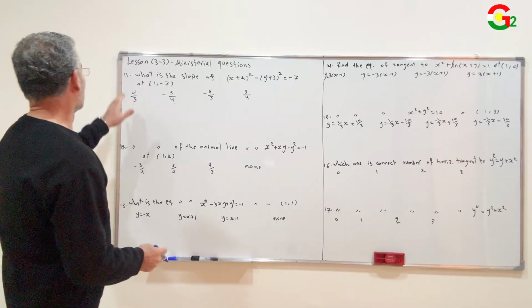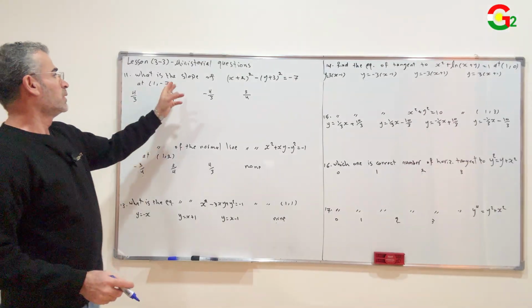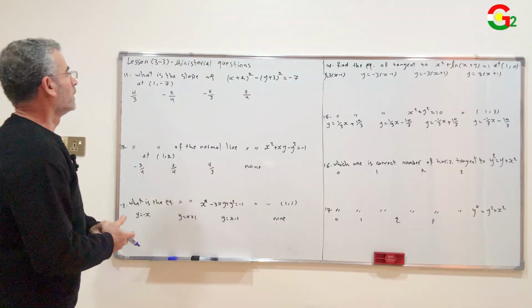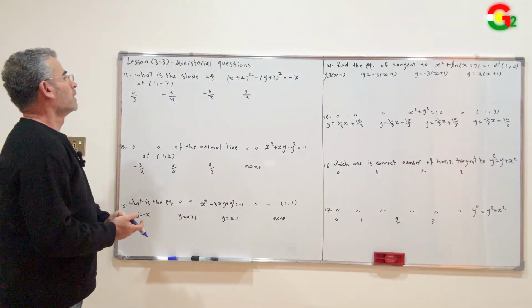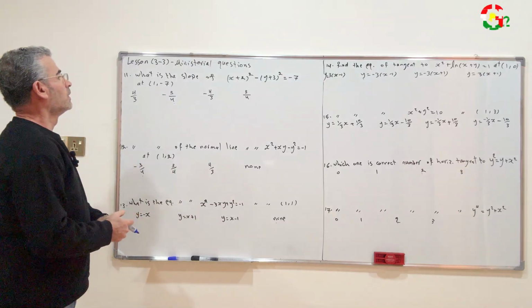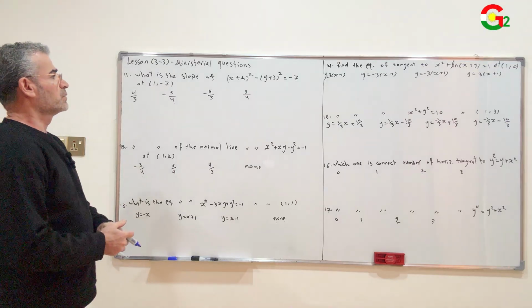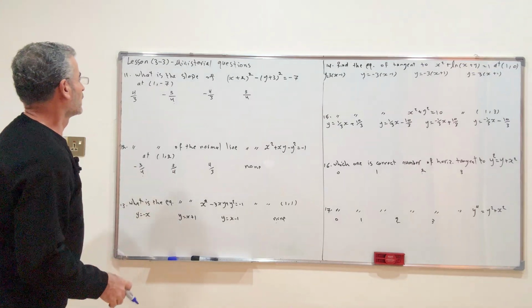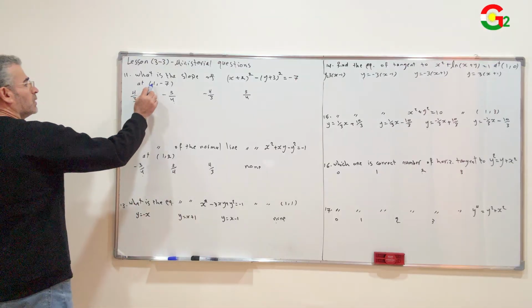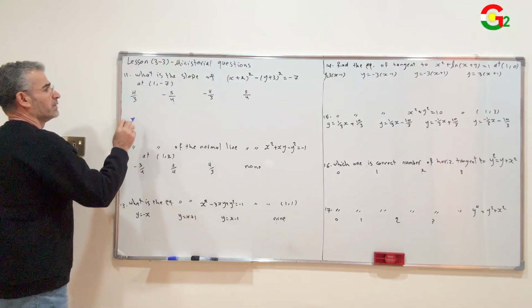Question number 11. What is the slope of the curve x plus 2 all power 2 minus y plus 3 all power 2 equals negative 7 at the point 1, negative 7?